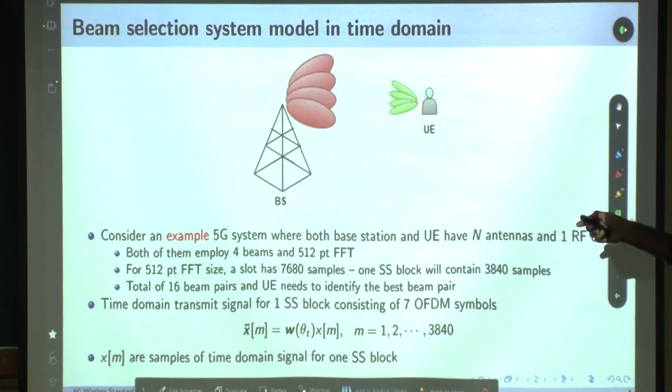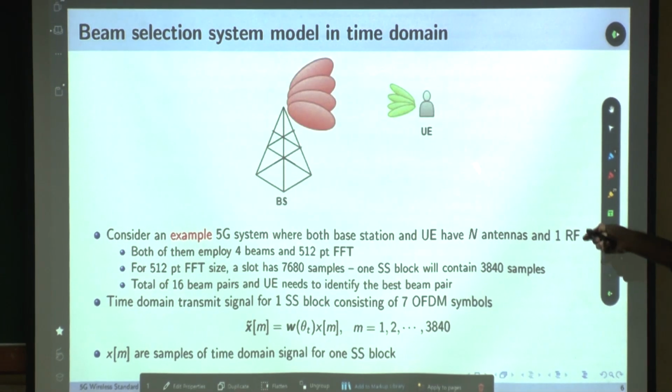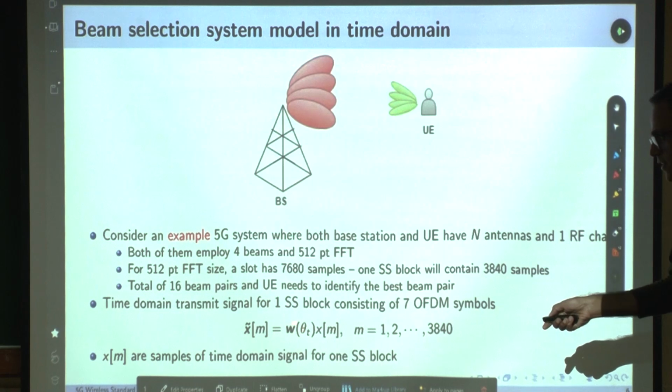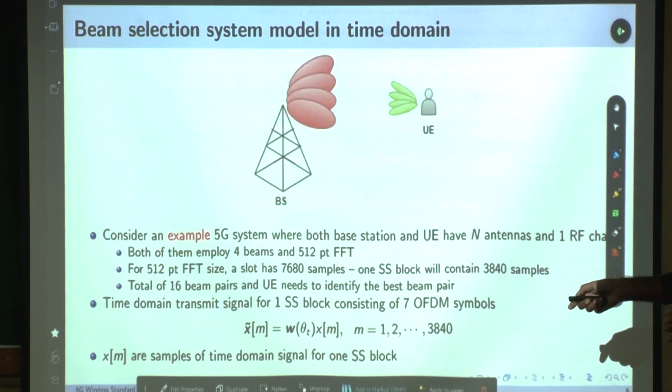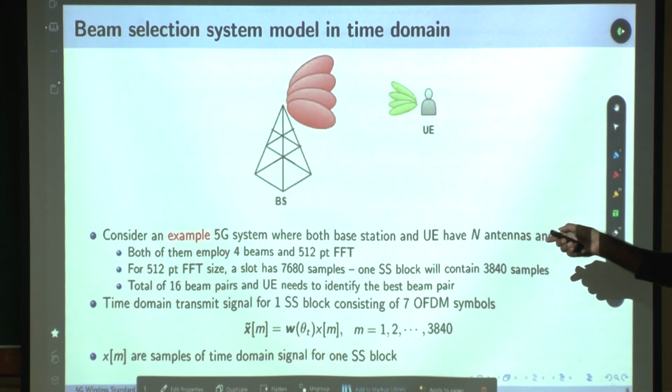Okay. The base station will also generate this because it also has the same number of antennas, N antennas. The user will also generate this precoder in a particular direction. Right? That's why I asked how many such total beam pairs are there? 16. 4 the base station will generate and 4 the user will generate.